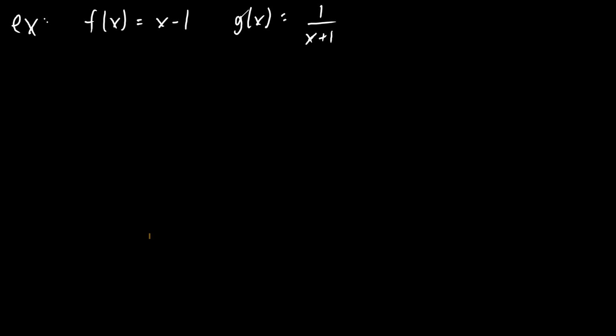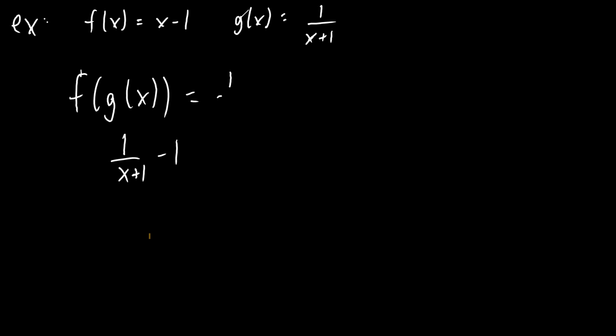Okay, and this one, let's try to find f of g of x. Our g of x is simply 1 over x plus 1. So this is going to be 1 over x plus 1, minus 1. And actually, let's put this up here.